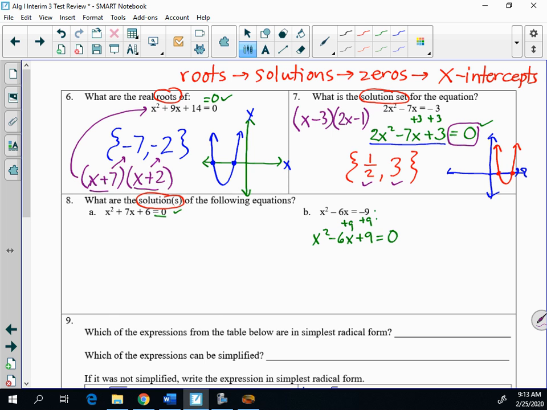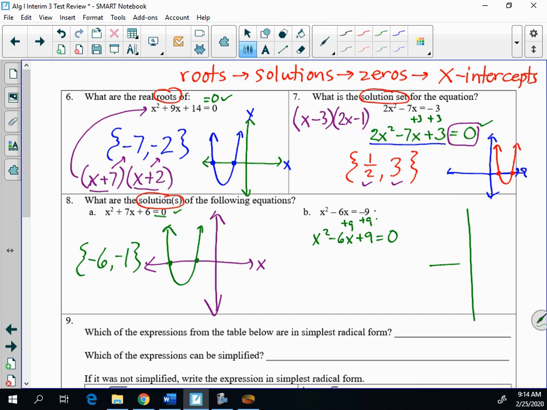Number 8, when you graph it, it will look something like this. Here's your x, and your graph is crossing over here at -6 and -1. With this one, when we graph it, this one is kind of a special situation.